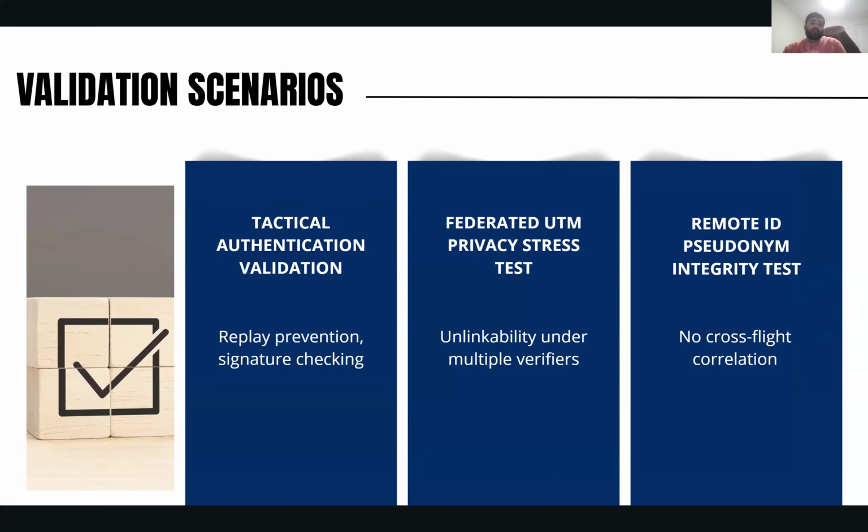Multiple verifiers try to correlate drone activities, and our pseudonym rotation strongly reduced the chance of linkability. The last one is the Remote ID pseudonym integrated test, where we ensure that Remote ID broadcasters do not link identity and metadata. So these scenarios confirm that our design holds up under both security and privacy measures.